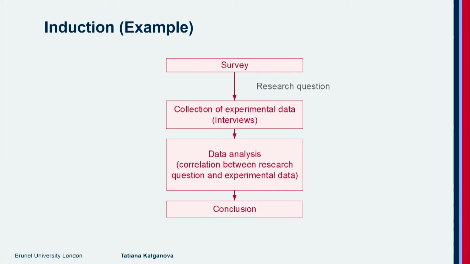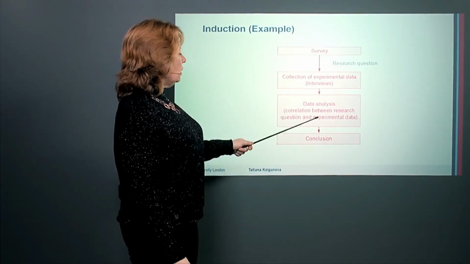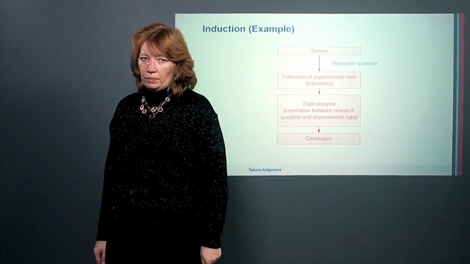This will be my research technique, which I'm going to use. Once I have done my data collection using interviews, I can get to data analysis. My data analysis can comprise several techniques. In this particular case, I may use, for example, correlation between the research question and experimental data to understand how they correlate and what this will bring. Based on this analysis, I can bring a conclusion.